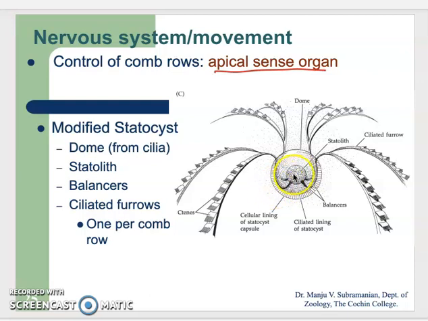It consists of a central stone-like structure called a statolith. The whole aboral sense organ appears dome shaped on the aboral side of Pleurobrachia. The statolith is held in position with the help of two pairs of balancers. Then there is a ciliated furrow.